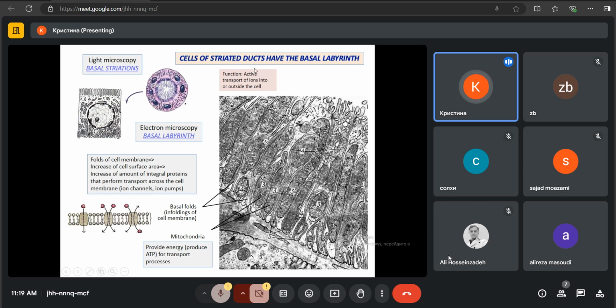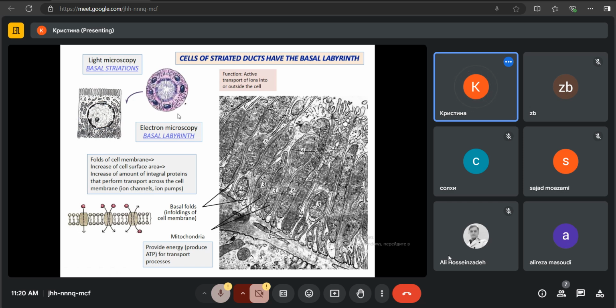And exactly for striated ducts, they pump potassium and bicarbonate ions into the saliva from blood and pump the opposite way the sodium and water from saliva. So the function of this is to add some bicarbonate ions into saliva.